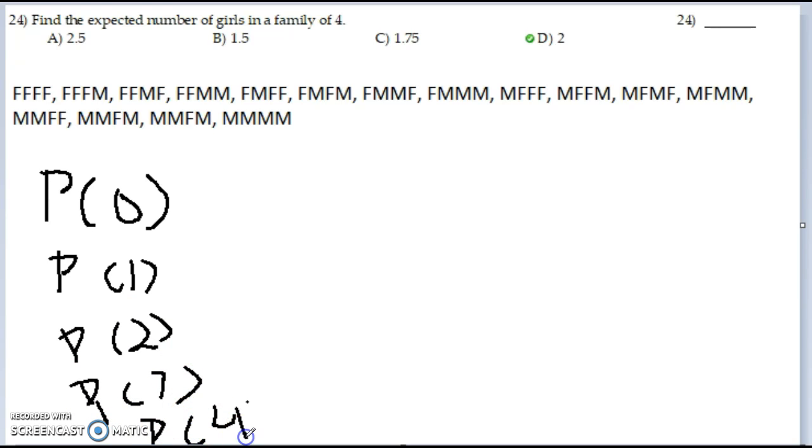And I'm sorry that this is so messy. Well, for 0 girls, that means all boys, there's only 1 out of 16 of those. You see that, right? How about for 1? So with the probability of 1, you've got, well, 1, 2, 3, 4, 5.